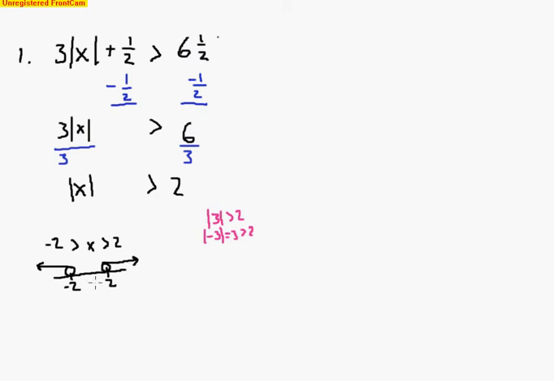So this is a disjunction, or an OR statement. And so since it's an OR statement, we have to write this as two separate inequalities. So we're going to write this inequality first. X has to be less than -2. Now, I just took this portion of it right here, and I rewrote it. But remember, I put the x on the left-hand side of the inequality and the -2 on the right side.